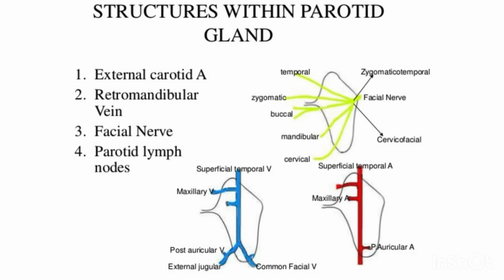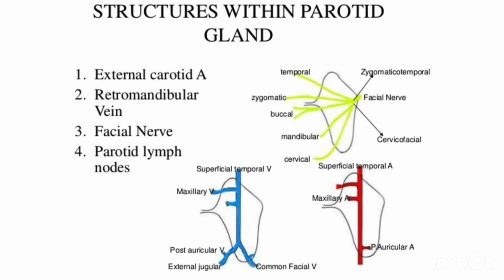Now, talking about the blood vessels, the external carotid artery is the blood vessel which surrounds the parotid gland, and it divides into its branches, that is the posterior auricular artery and its two terminal branches, the maxillary artery and the superficial temporal artery. If we talk about the venous drainage, the superficial temporal vein combines with the maxillary vein and forms the retromandibular vein.